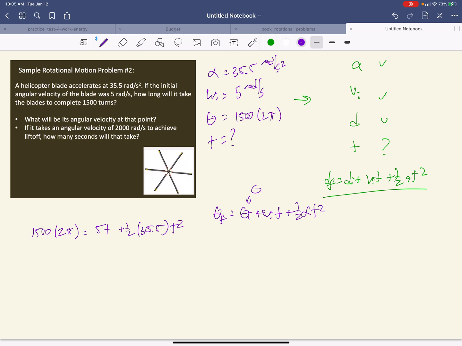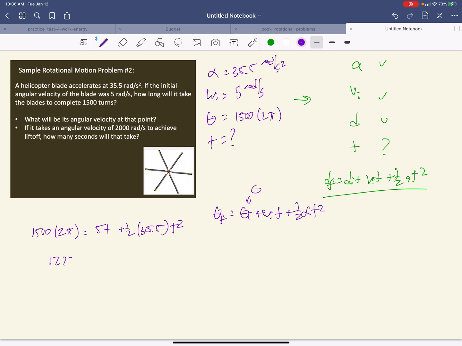So you can see already this is going to be a quadratic. I'm not going to solve it all the way through. So let me just set this thing up. It's going to be 35.5 divided by 2, 17.75.